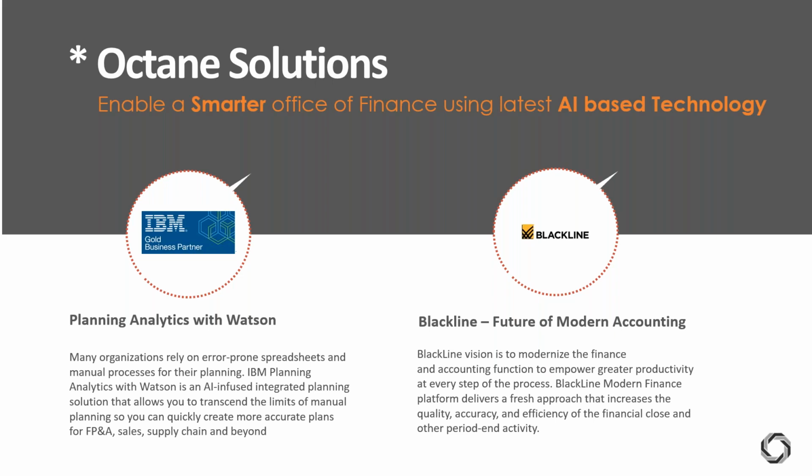Blackline is a cloud-based application that modernizes the finance and accounting functions. It automates the back-end close, the month-end closures, and things like that. This is going off very hot, especially due to the pandemic, when most finance teams are working remotely or not all in the office at the same time. This application helps with that process. If anyone is interested, do let us know, and we'll be happy to talk about that later.